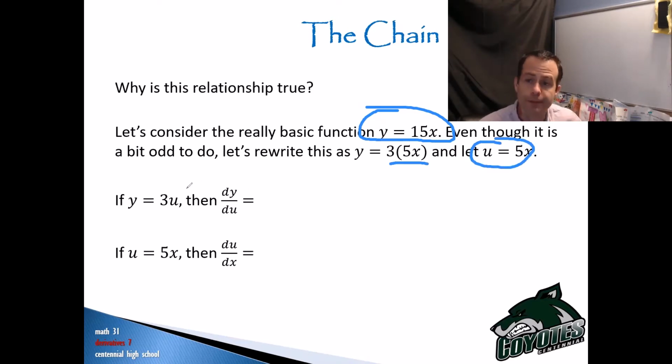If I'm calling u 5x, then I could represent y as 3 times u, because it'd be 3 times 5x. The derivative of y with respect to u would just be 3. And u was 5x, so the derivative of u with respect to x would be 5. Let's unpack that a little bit.